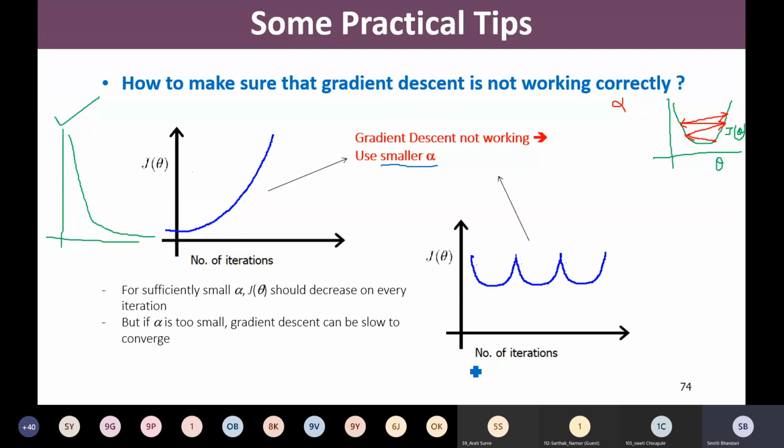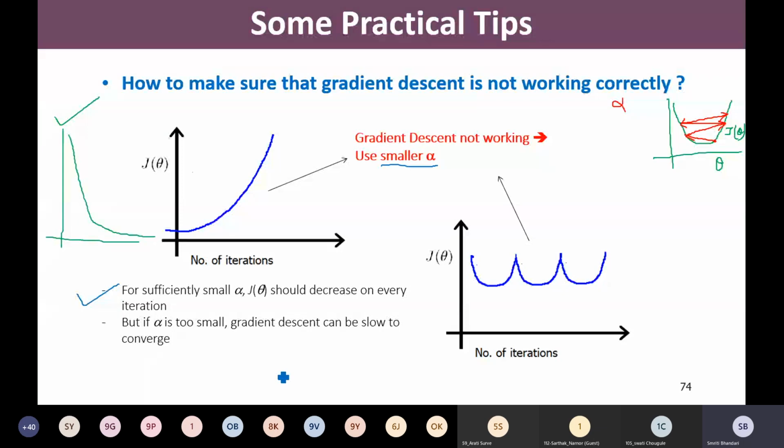Okay, so these are a few of the practical tips while implementing gradient descent, but please understand that for sufficiently small alpha, our g of theta should decrease on every iteration, and that is the indication that our gradient descent is working correctly.